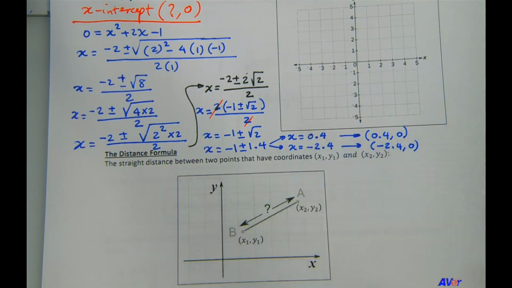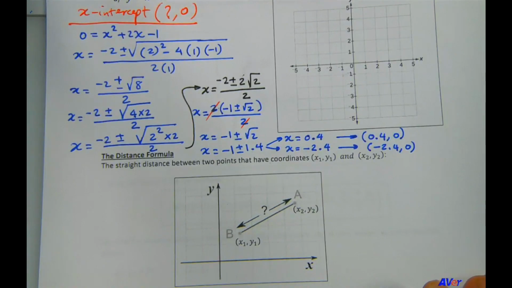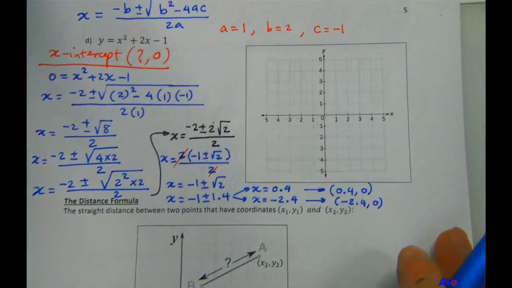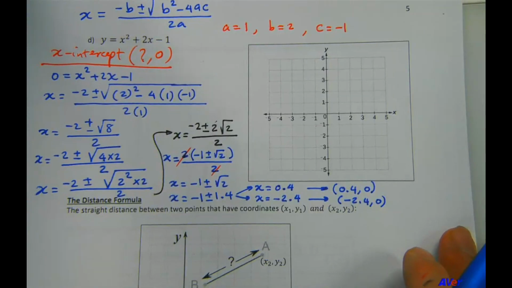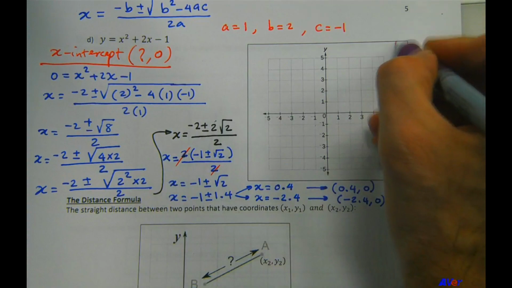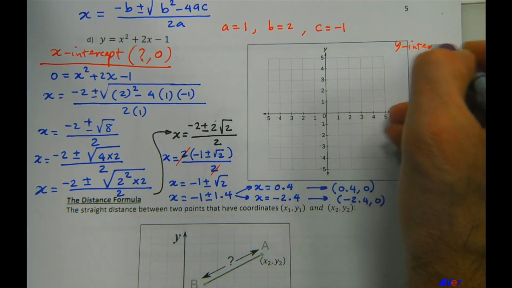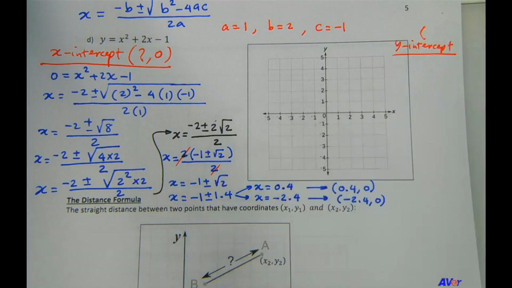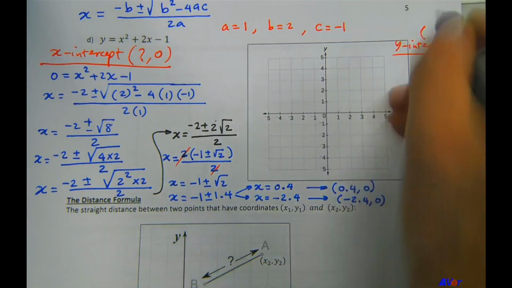So what about the y-intercept? Well, the y-intercept is much easier to find. If you don't mind, let me put it here because I'm running out of space here. I'm going to write the y-intercept here. Y-intercept means which component is 0? The x.